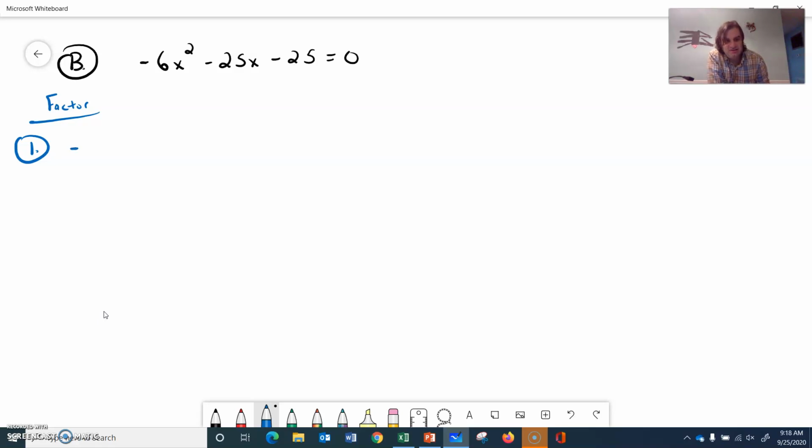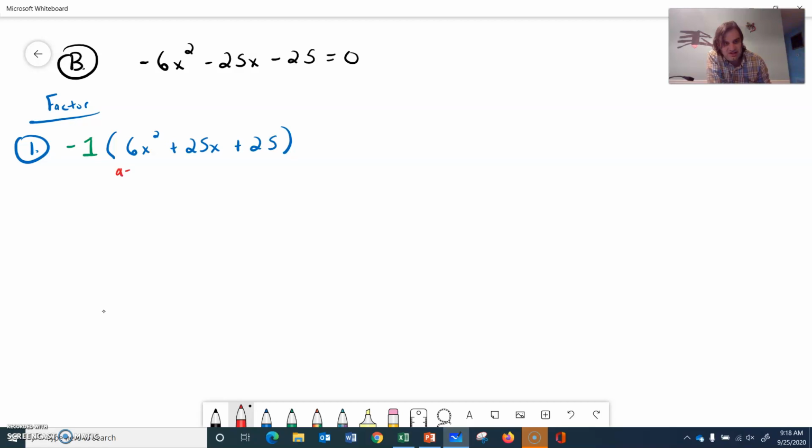So I'm going to pull out a negative. Let me do what I've been consistently doing here. Let me pull out a negative, and that could be written as a negative 1 if it's going to help you see it. But if I pull out a negative 1, then everything turns positive in here. 6x squared plus 25x plus 25. That's just my personal preference.